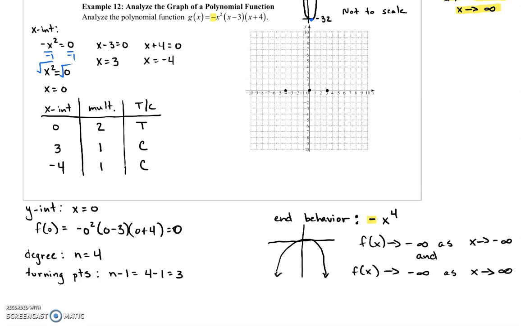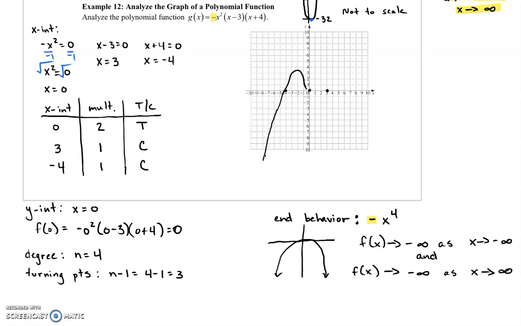Now what do we know? Since when x is very small, y is very small, so we know it starts by coming from down in quadrant 3 somewhere. When it gets to the -4 intercept, it crosses the axis, then at some point it's got to turn around and come back down to get to 0.